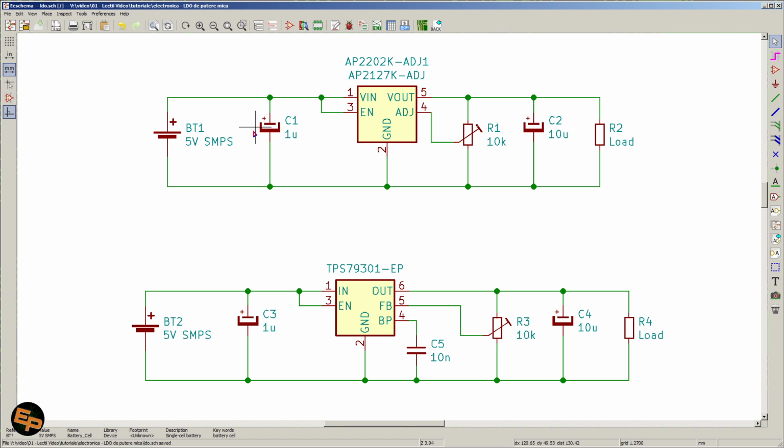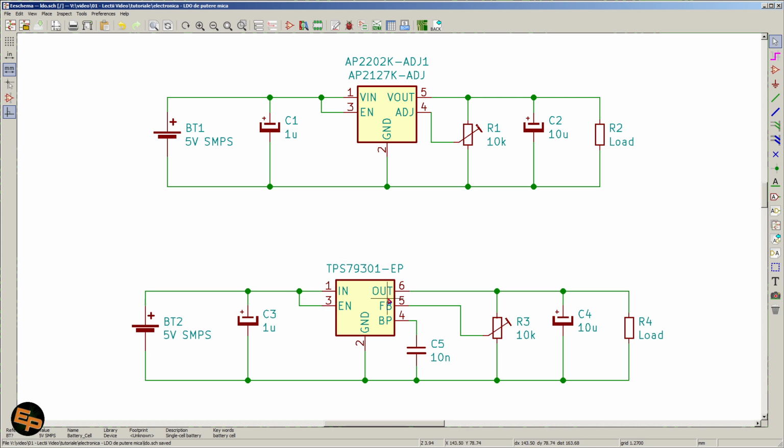We just need a filtering capacitor on the input. I chose a 1 microfarad one. A filtering capacitor on the output. I chose 10 microfarad ones. We need to use a voltage divider on the feedback pin to set the output voltage. And I chose to put a semi-adjustable 10 kilo ohm potentiometer.